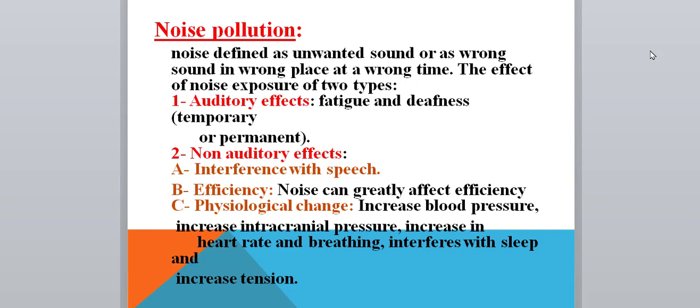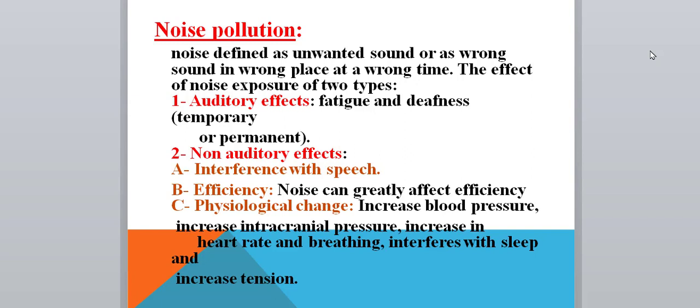The effects of noise exposure usually come in two types. The first one is the auditory effect, which affects the hearing system, causing a sort of fatigue and deafness, and this deafness could be temporary or permanent.